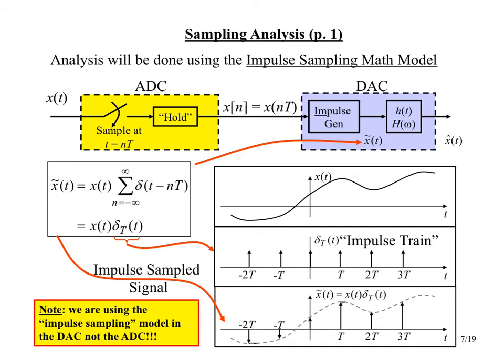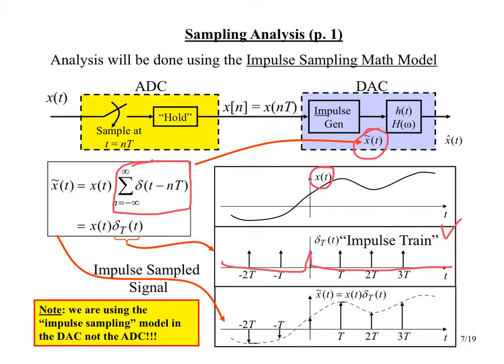And so now, to visualize this, rather than how we had it before, we can think about this x tilde of t, halfway through the DAC, as if we're taking x of t and multiplying it by what we call an impulse train, which is this thing. That's just a sum of a bunch of shifted delta functions. For n equal to 0, it's just this delta function.